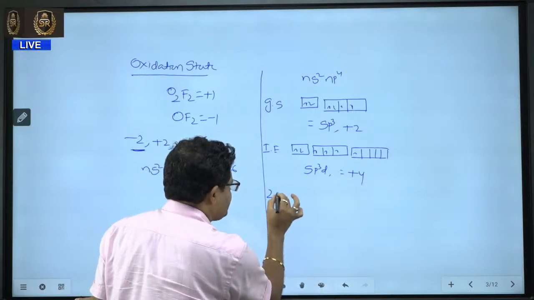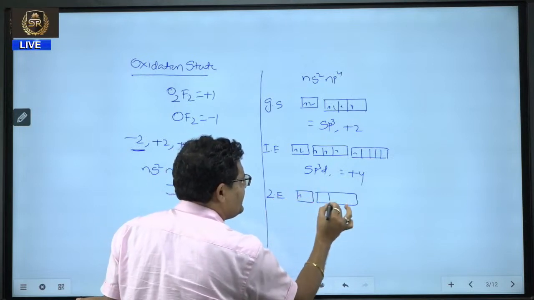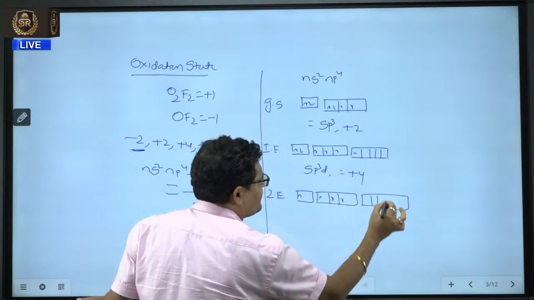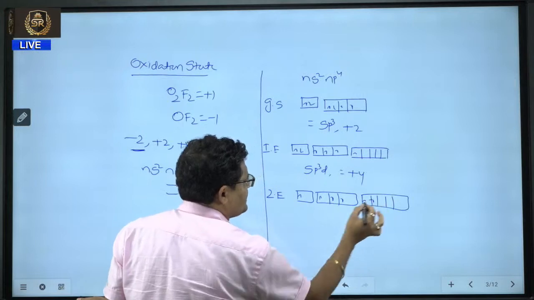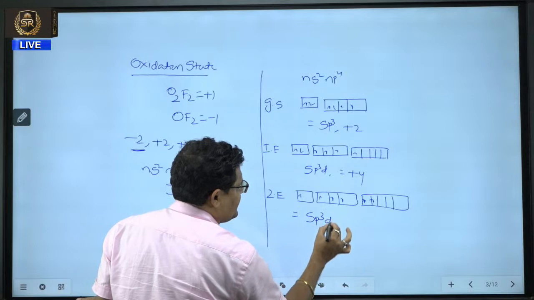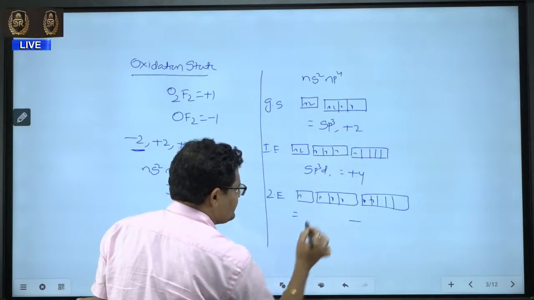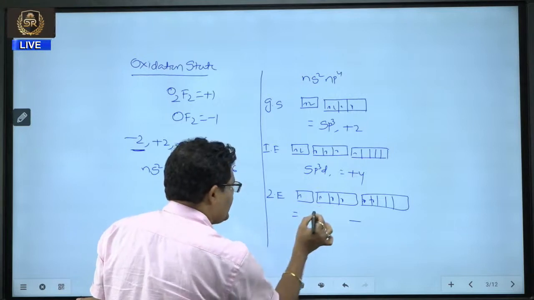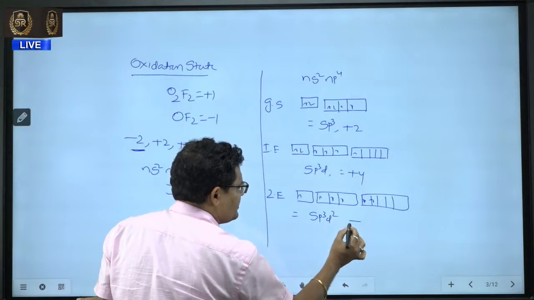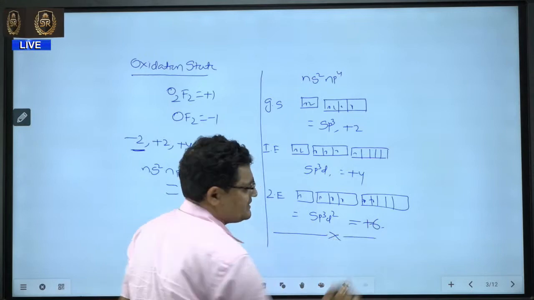Now in the second excitation state, s has only 1, p contains 1, 2, 3 and d contains 5 orbitals, 2 electrons. So that's why it undergoes sp3d2 hybridization. It is the +6 oxidation state.